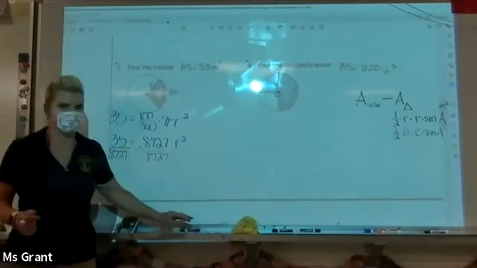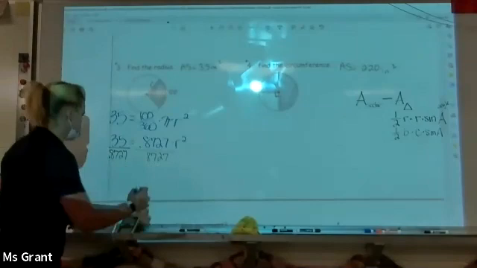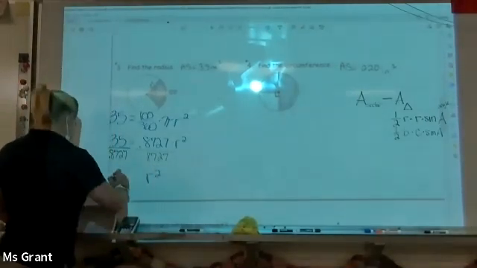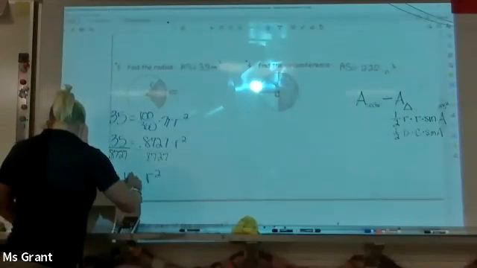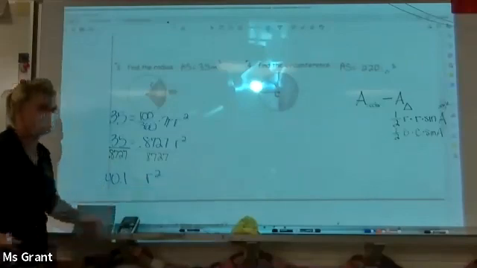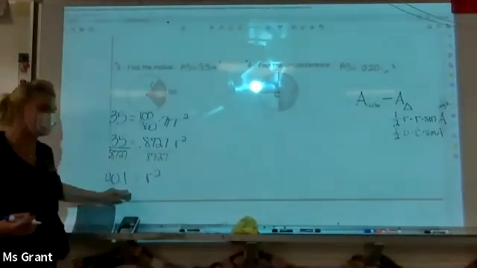Isolated, R squared is 40.1. I mean, it's long, whatever. You guys keep it in your calculator, because then you get the precise answer when you keep all the digits.